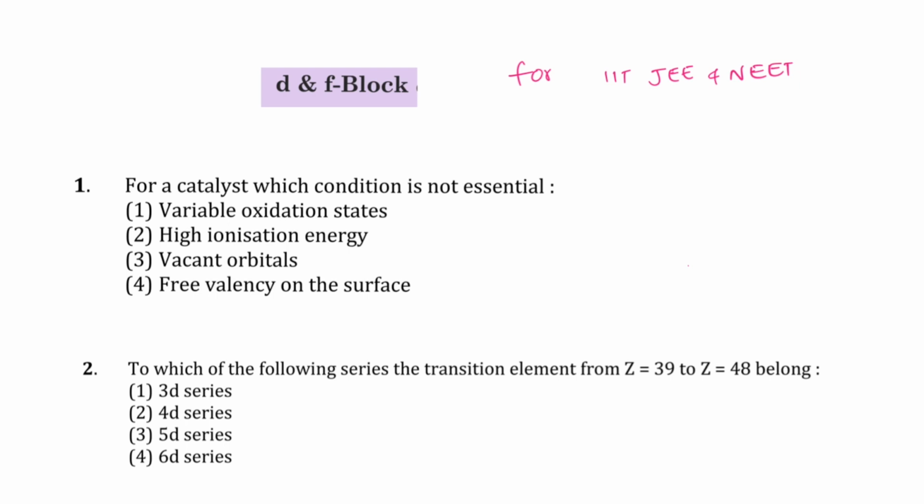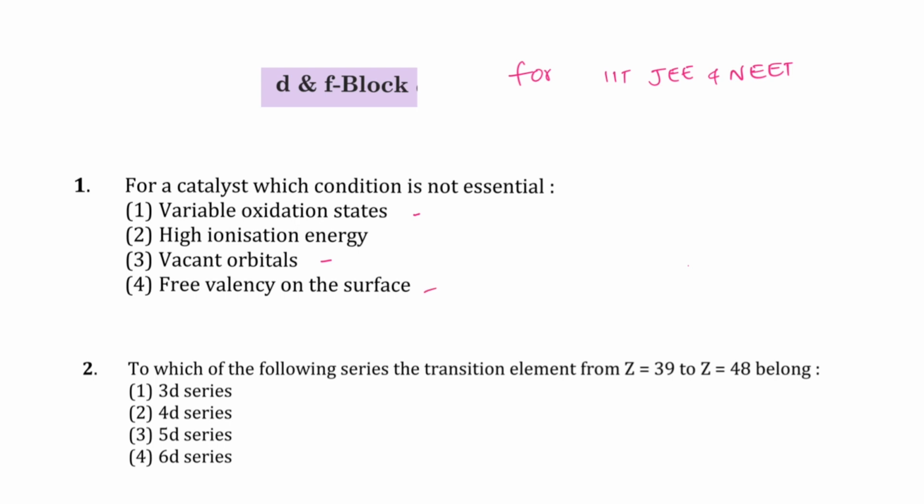The first question: for a catalyst, which condition is not essential? Generally, d block elements are good catalysts because they show variable oxidation states, they have vacant d orbitals, and they have free valency on the surface, which means a large surface area.